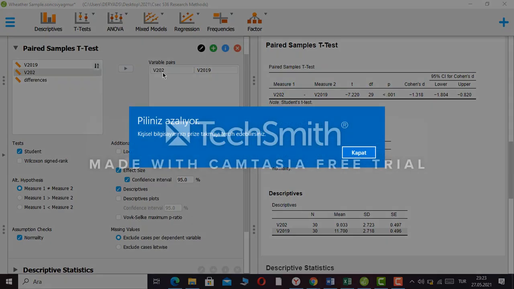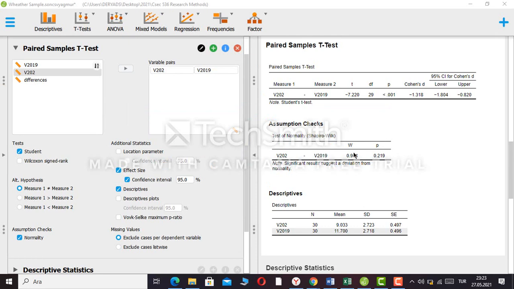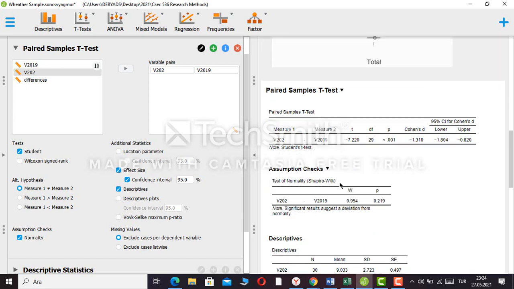I used variable pairs to conduct the t-tests, and if our dataset is normally distributed, the significance level should be greater than 0.05. Our significance level is measured here with p, and as you can see, it is smaller than 0.001.